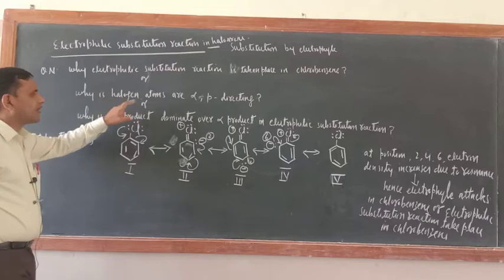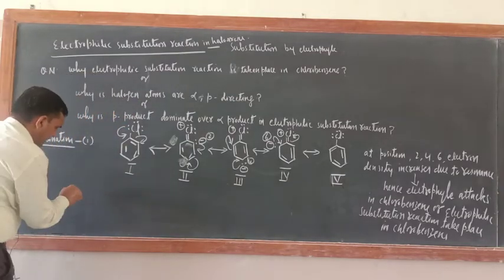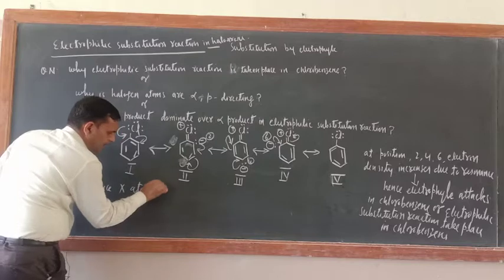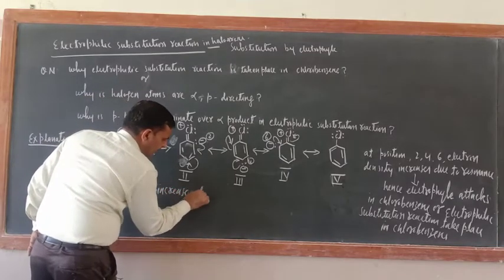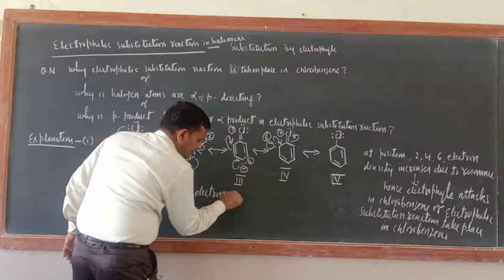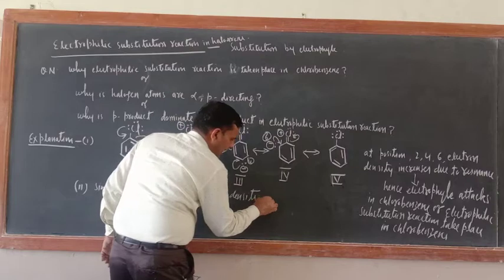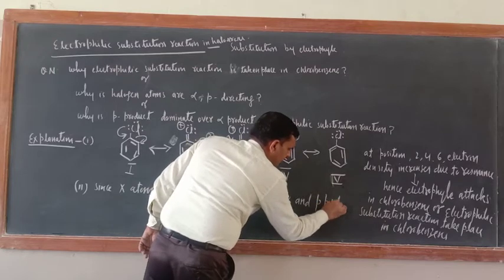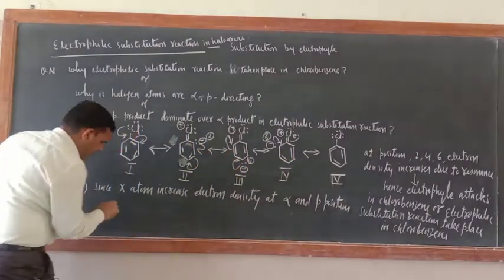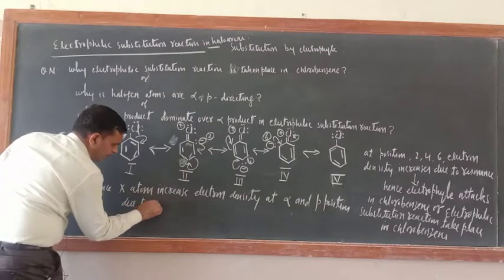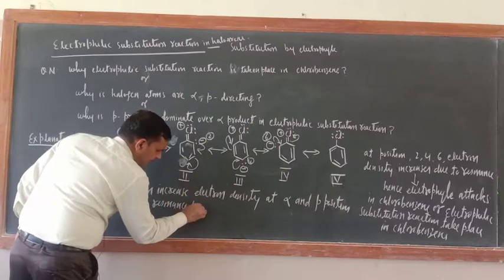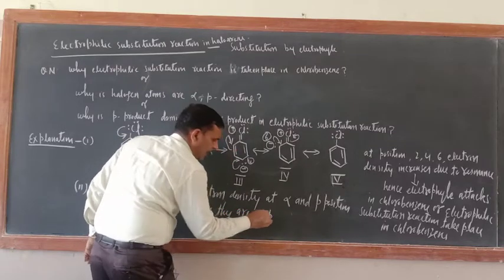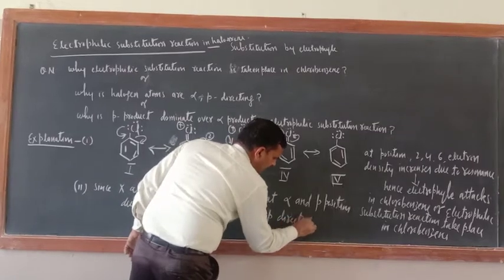Second one, why are halogen atoms ortho-para directing? So just see, second explanation: since the X atom increases electron density at ortho and para positions due to resonance, hence they are ortho-para directing groups.